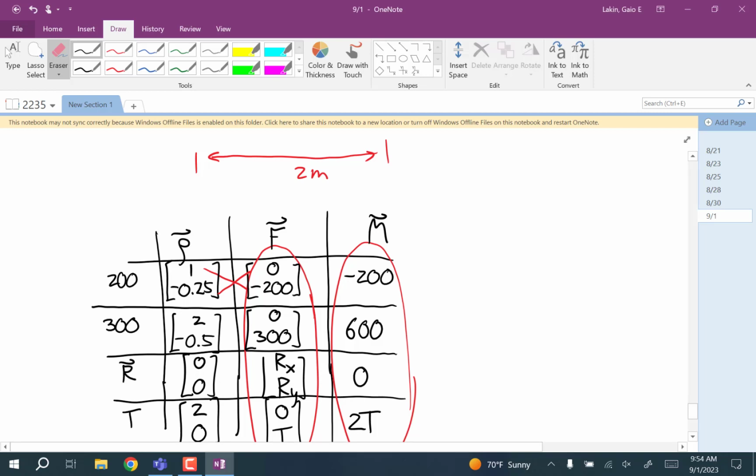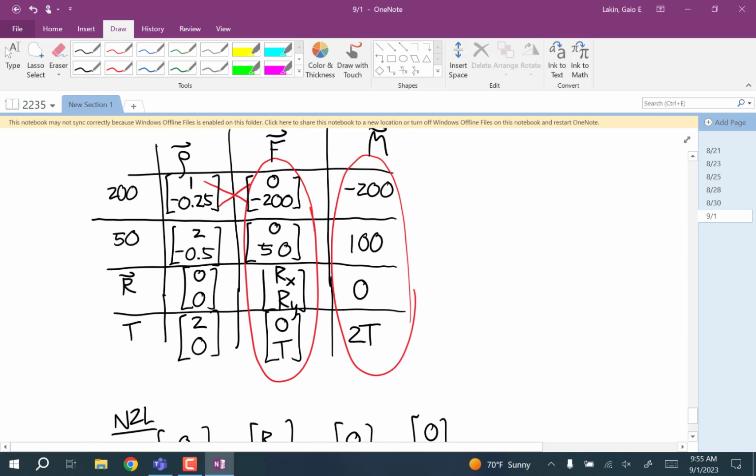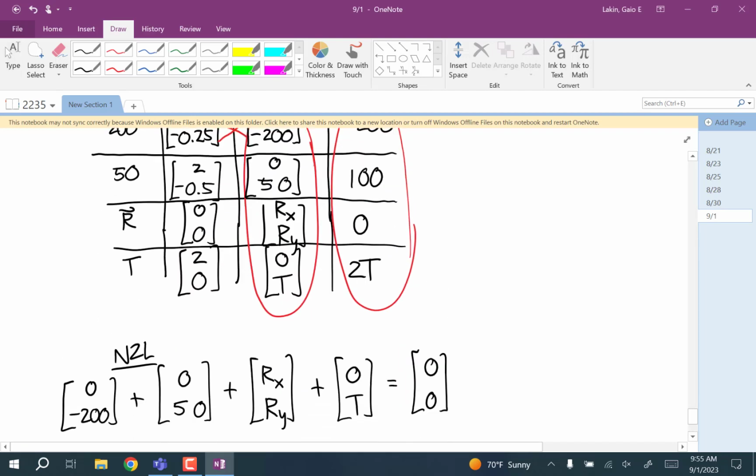Okay, so pretend I never said 300, I said 50. And this is 100 now. And this is 50. And this is 100. I think I got everything there.